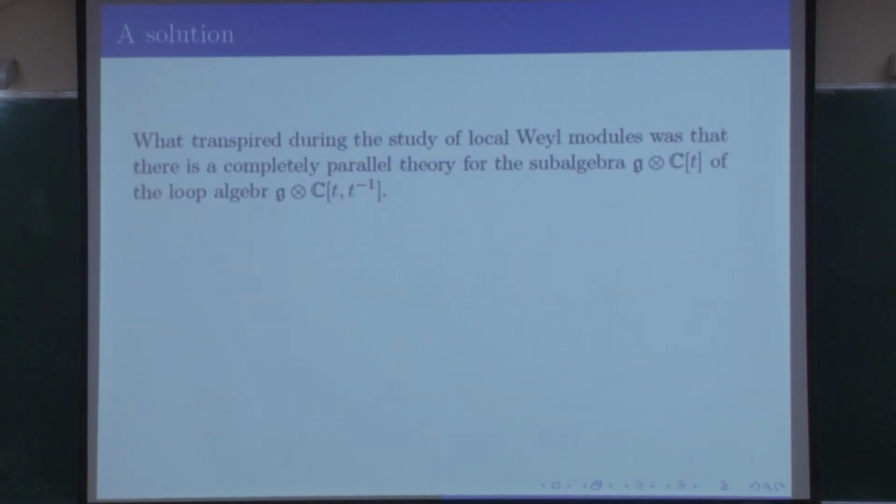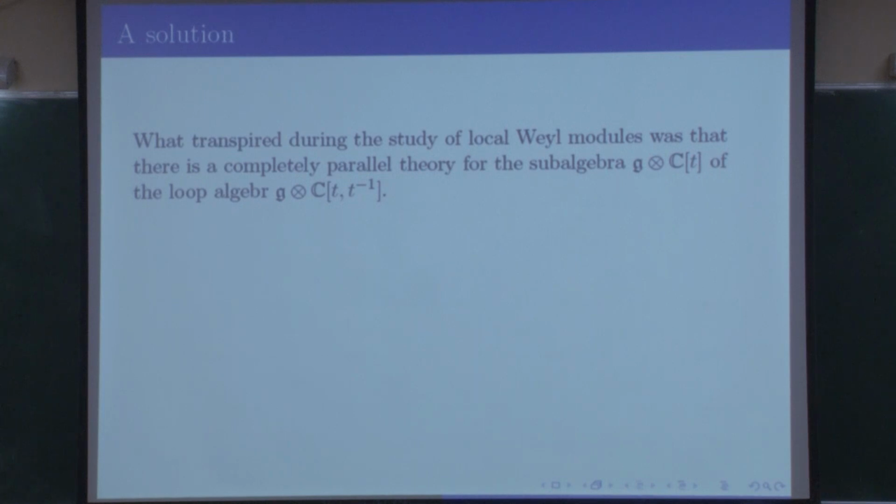Okay, so how did this problem then eventually get solved? It really got solved by looking at this. When you're studying these local Weyl modules, you're trying to prove their character formulas and so on. One of the things that came into play was that it's convenient, instead of working with the full loop algebra, G tensor C[t, t inverse], to work with its subalgebra G tensor C[t].